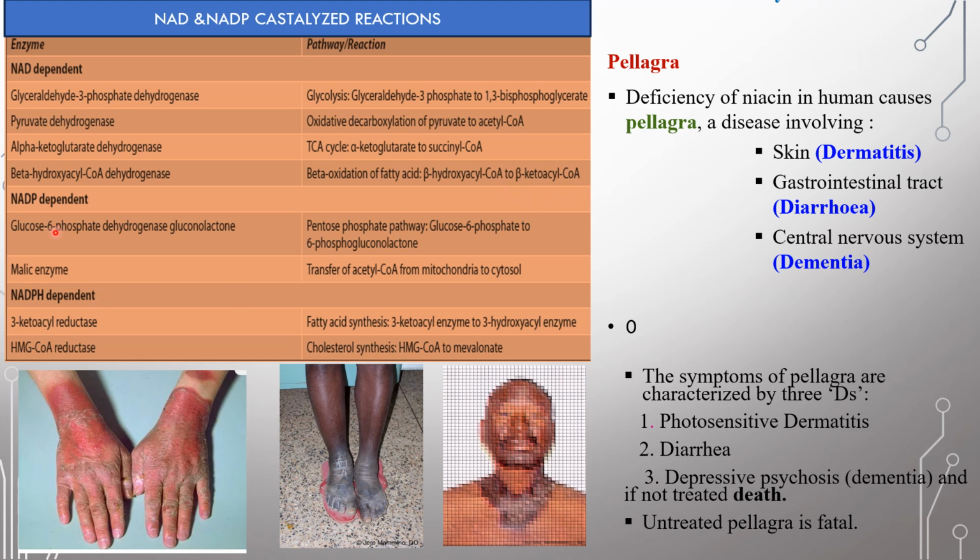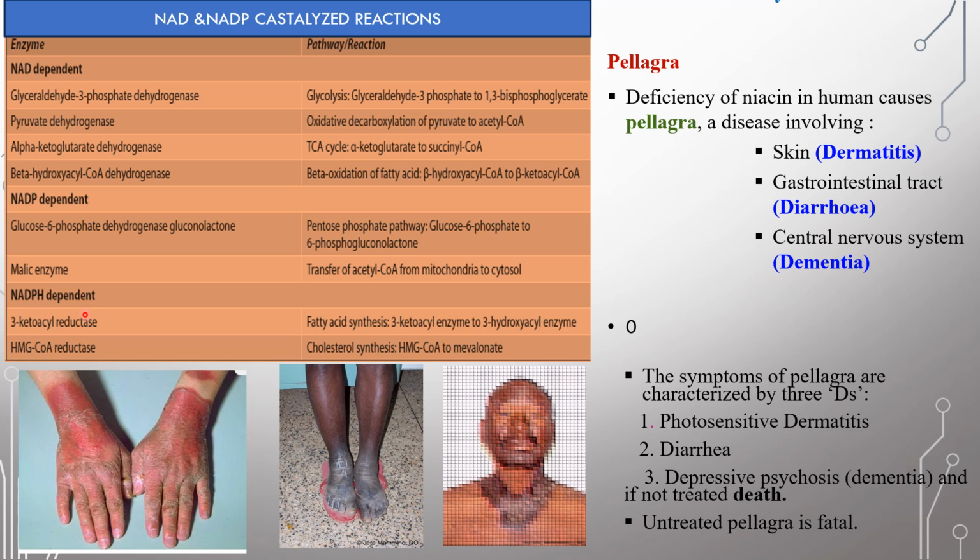And then NADP dependent reactions: glucose 6-phosphate dehydrogenase. This is the enzyme of the HMP shunt or pentose phosphate pathway. It leads to conversion of glucose 6-phosphate to 6-phosphogluconolactone. Then malic enzyme, which involves transfer of acetyl coenzyme A from mitochondria to cytosol.